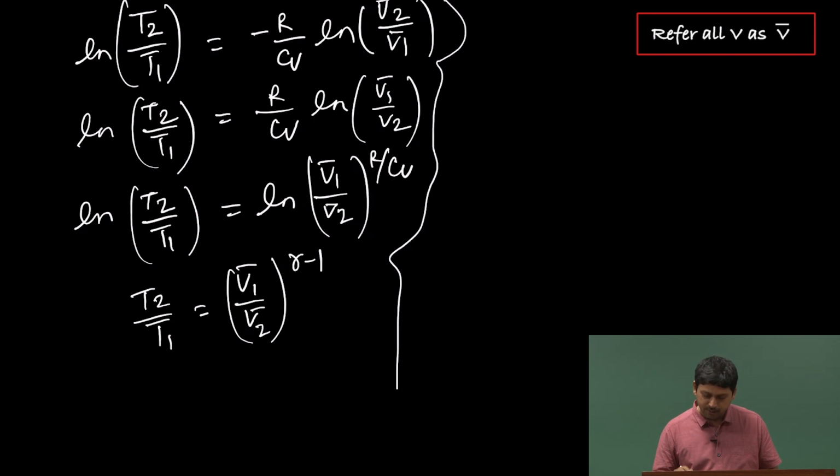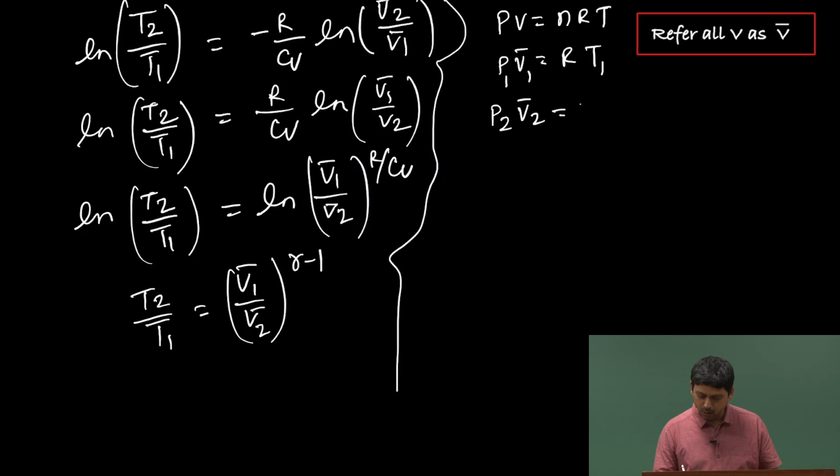But we cannot forget the equation of ideal gas. What was that? PV equal to nRT, that is always there, or P V bar equal to RT, which means if I have T1, then I have P1 V1 bar, and if I have T2, then I have P2 V2, right.